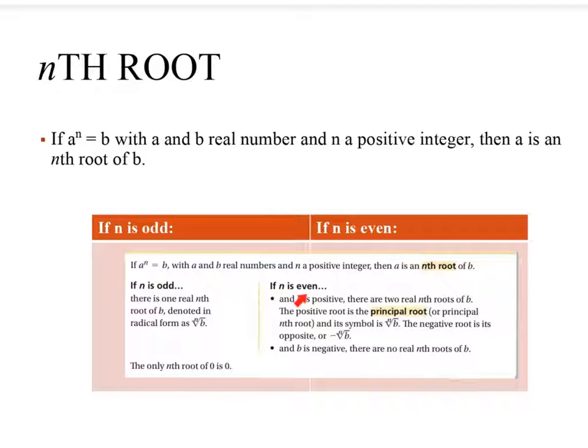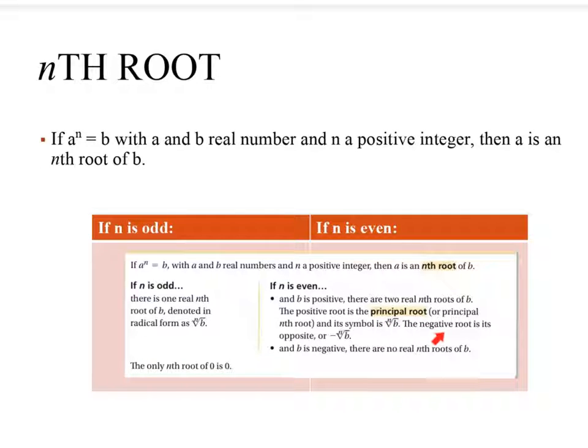If n is even, that same n, and b is positive, then there are two real nth roots of b. The positive root is the principal root. I don't think it's one of your vocab words, but it's something we will use and discuss, the principal nth root, and its symbol is the nth root of b.